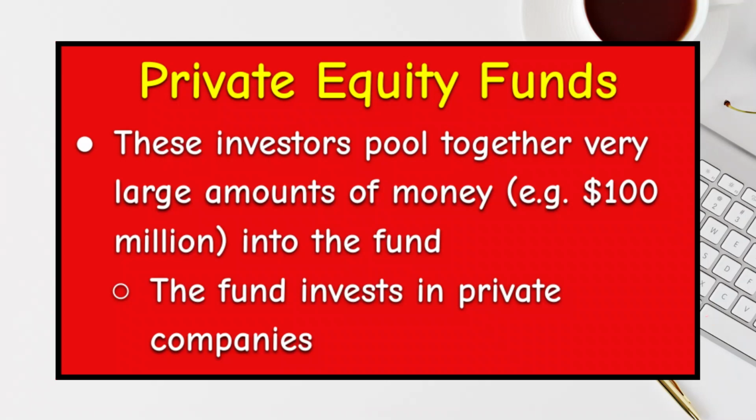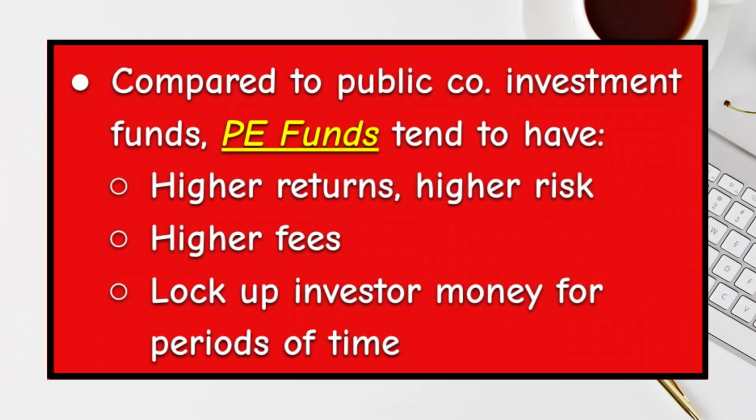And the fund goes out and makes investments in privately held companies. Private equity investments tend to give these investors higher returns, but they can also be riskier, have high fees, and have provisions that lock investors in for periods of time.